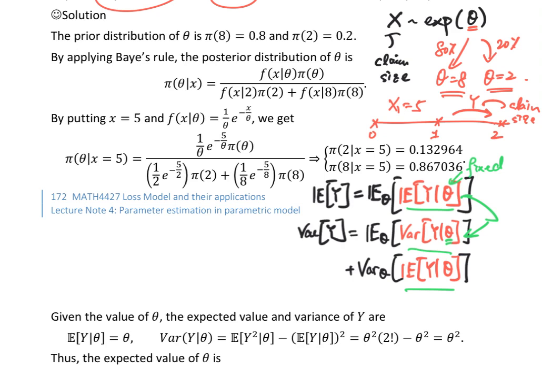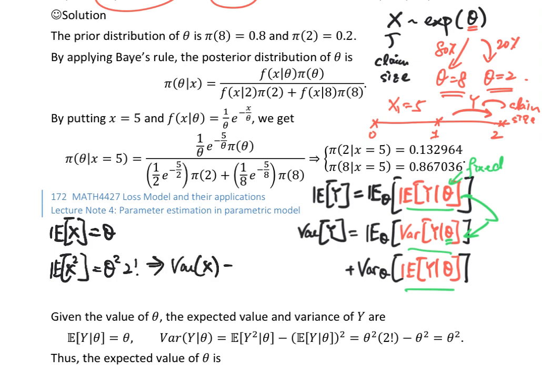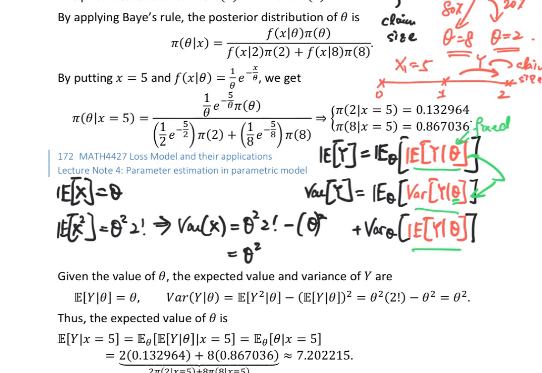From the table, you can check that the first moment equals theta, and the second moment will be theta squared times 2 factorial, isn't it? Combining this, the variance of X will be equal to the second moment minus the square of the first moment, which is equal to theta squared. So here you got these two important quantities.